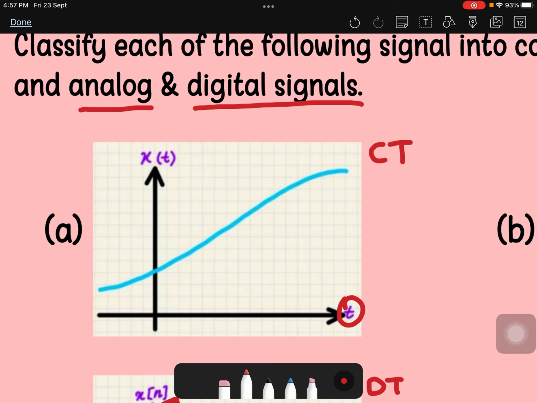If we examine this signal, we can see that it has an infinite number of amplitudes within this time range, because at this time this is the amplitude, at this time this is the amplitude, so it has an infinite number of amplitudes that vary continuously over this time range. Therefore this is an analog signal.